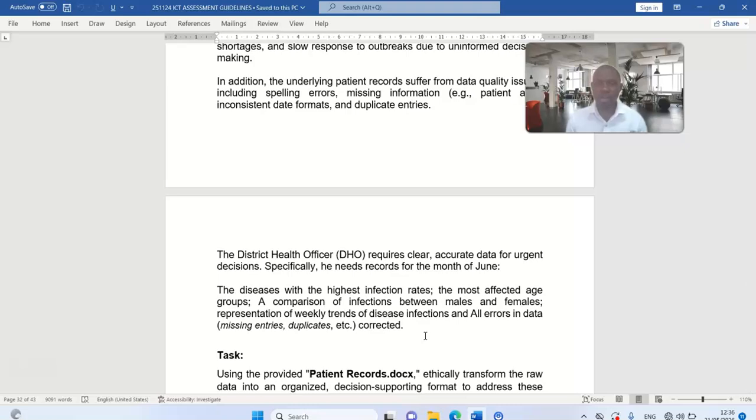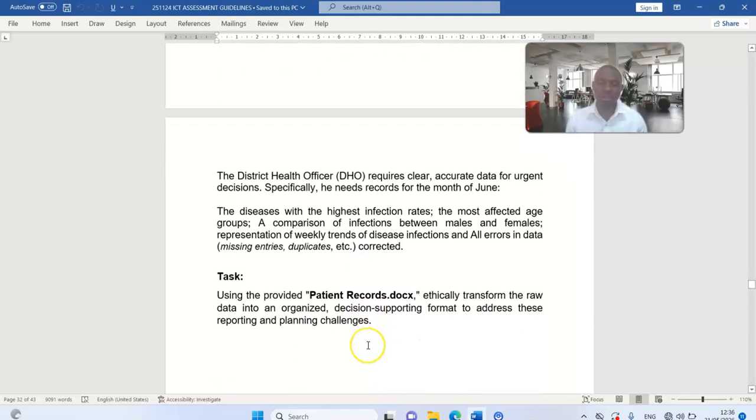So you may have spelling errors, then missing information, inconsistent date formats and duplicates of entries. Somebody comes today, tomorrow, the same day, but you find they are entered not once, the same person, but they have duplicates of entries, as you are going to see when you come to the practical session.